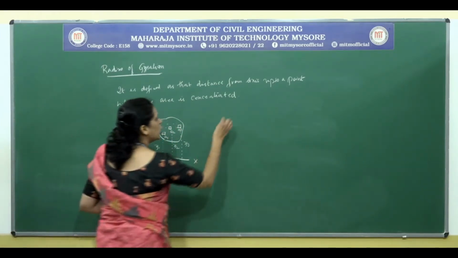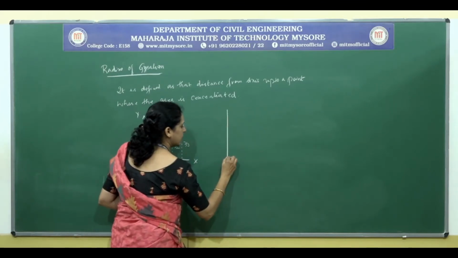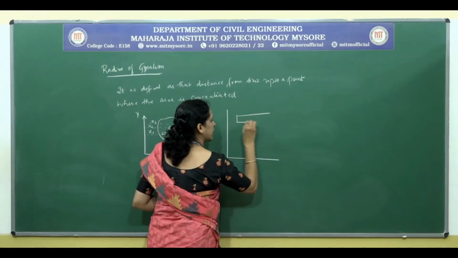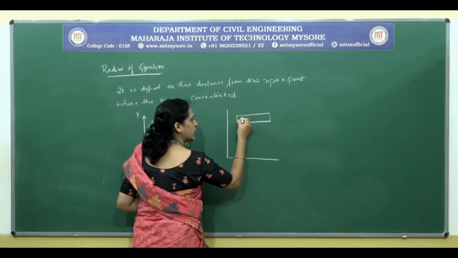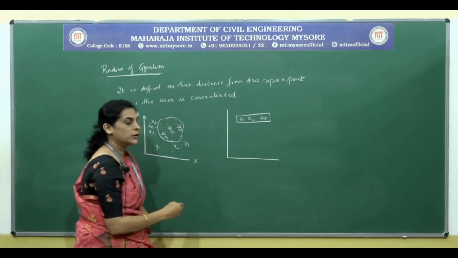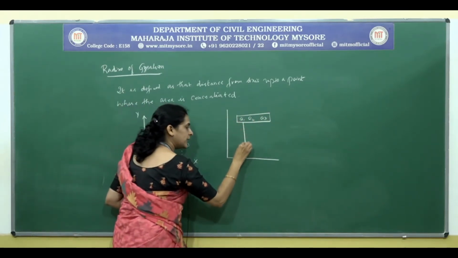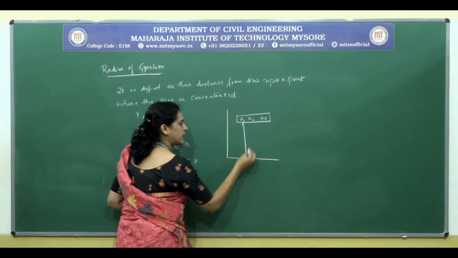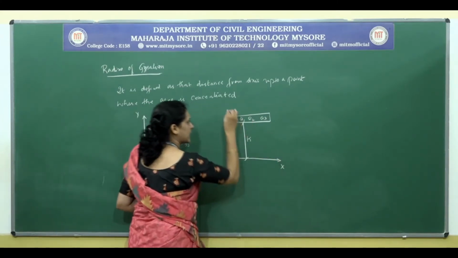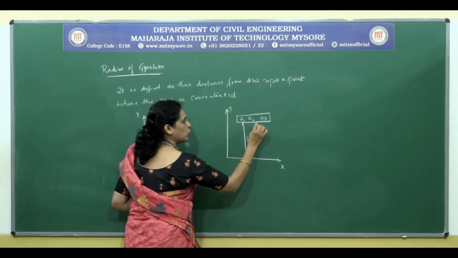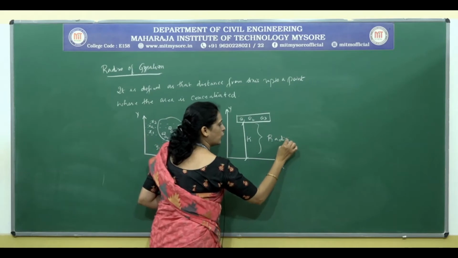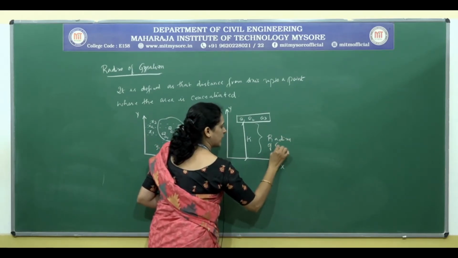So for that, we'll take an example considering that area is concentrated at a common point. It is located at a distance apart from x-axis. So, this is radius of gyration.